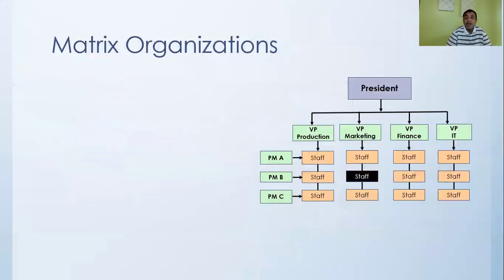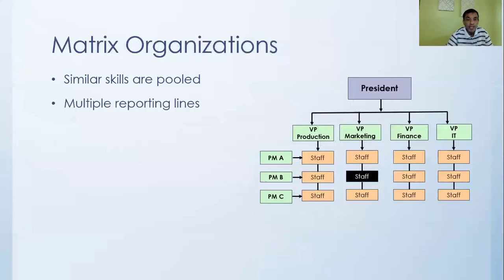And then we have matrix organization. A matrix organization is really about having similar skills that are pulled together. And what will happen is there will possibly be multiple reporting lines. For example, the staff here that we see in the black box has a reporting line to project manager B as well as the VP marketing.